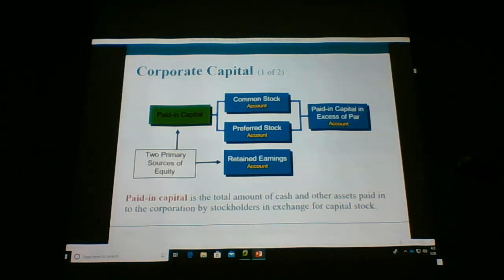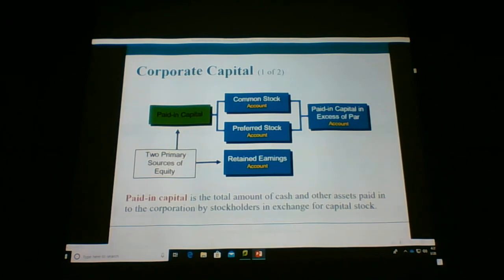We have our retained earnings that come from our income on the income statement, but we also have paid-in capital. These are our owner investments. Paid-in capital represents owner investments into the company.